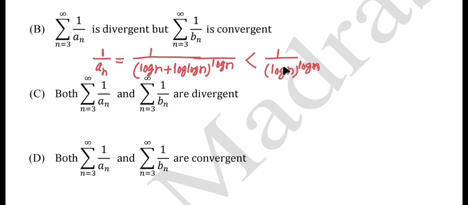So to be convergent, if we find that this relation holds, then we are done, because you know sigma 1 by n square is a convergent series. So there will be a finite value, and the value of this will be less than a finite value, then obviously a finite value.